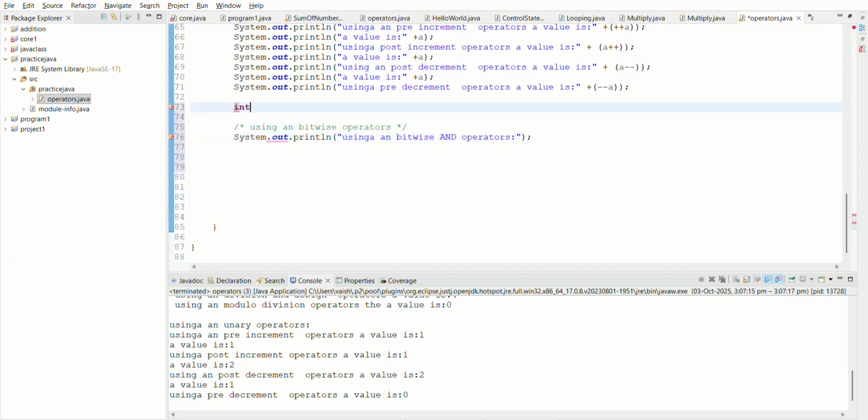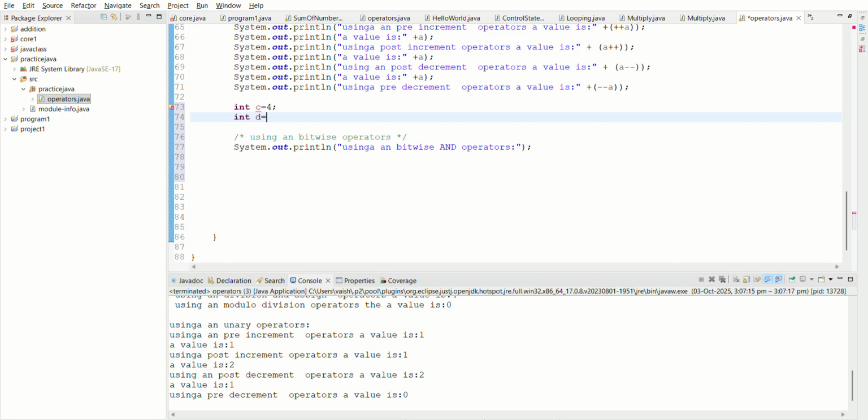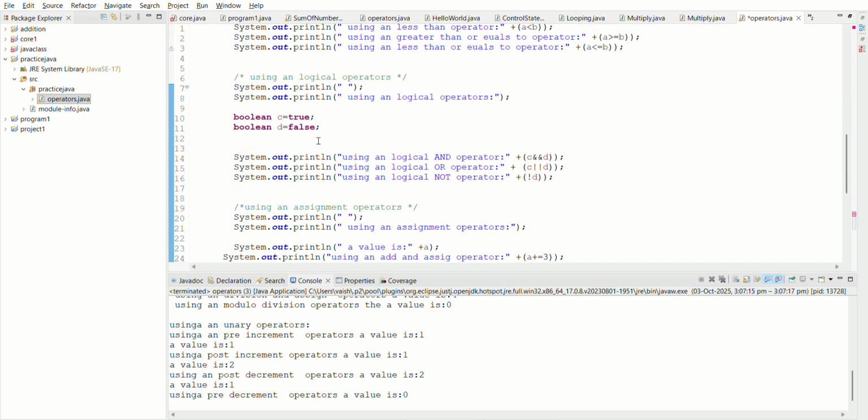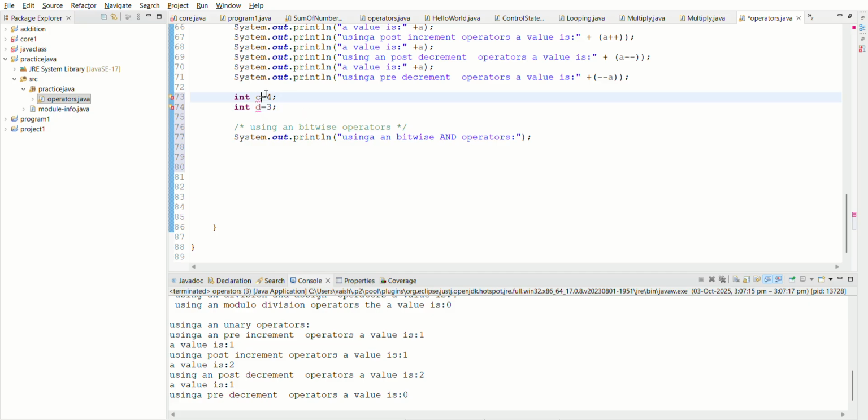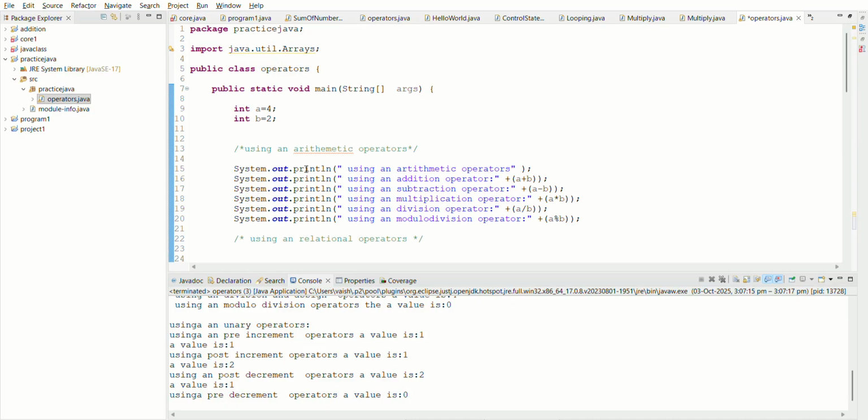Suppose we initialize int c equals 4, int d equals 3. Then int r, int f.